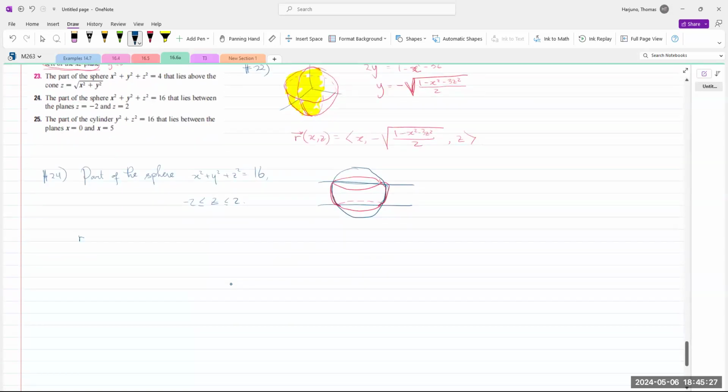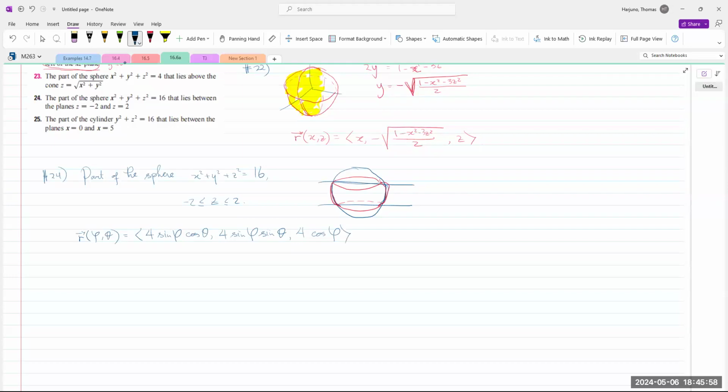So let's parameterize it that way. r of phi and theta equals 4 sine phi cosine theta, 4 sine phi sine theta, and 4 cosine phi.